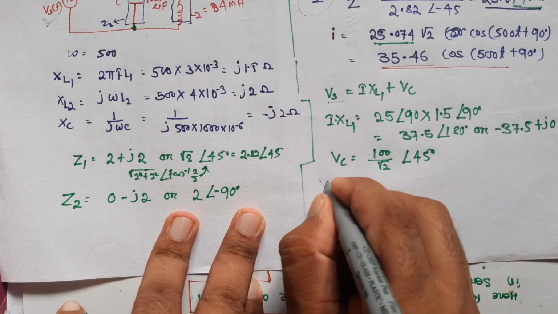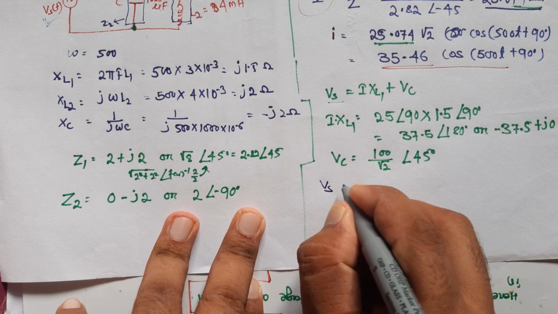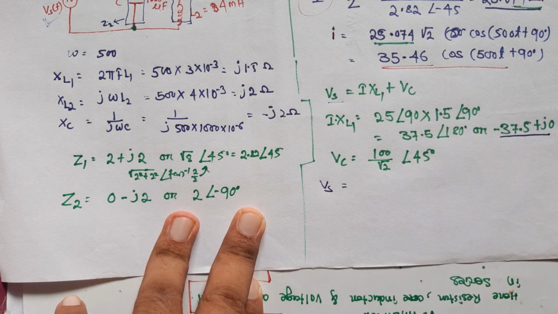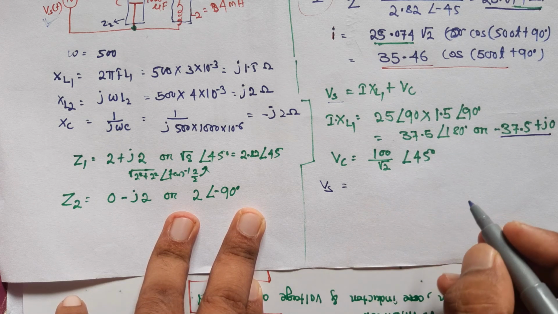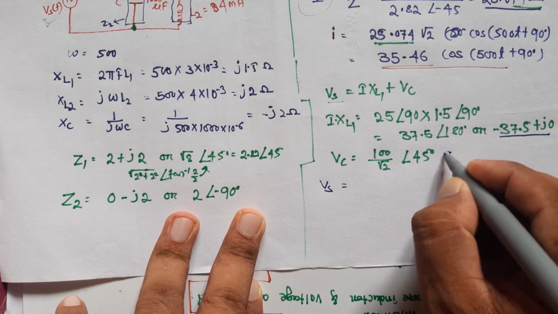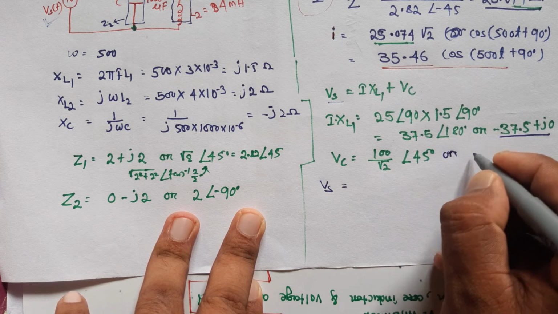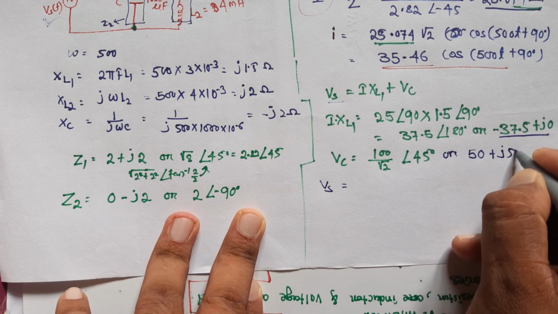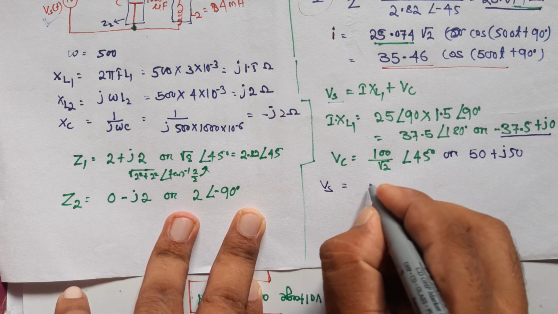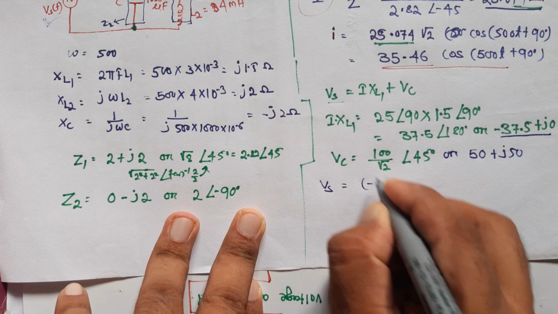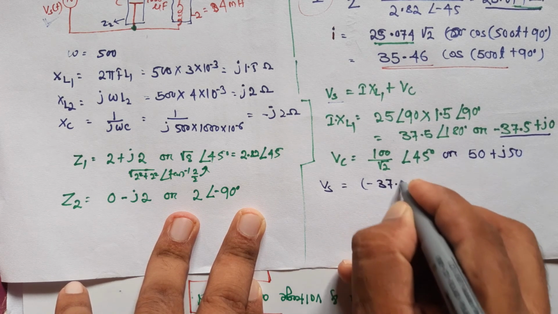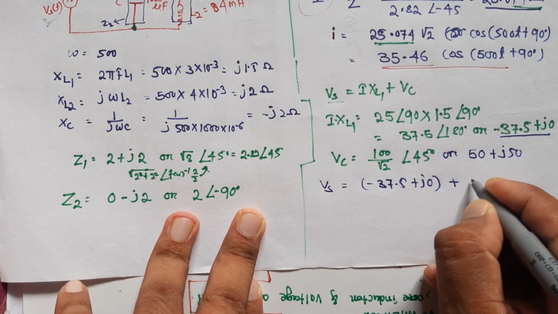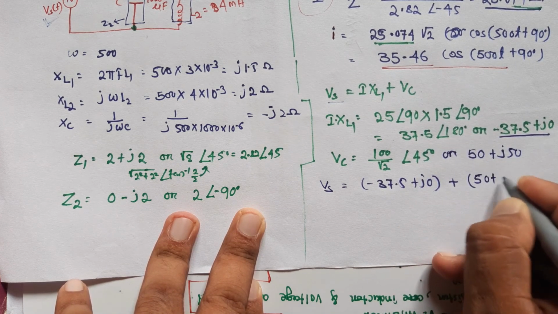If we convert this to rectangular form, it is 50 plus J50. So we put IXL, minus 37.5 plus J0, plus 50 plus J50.